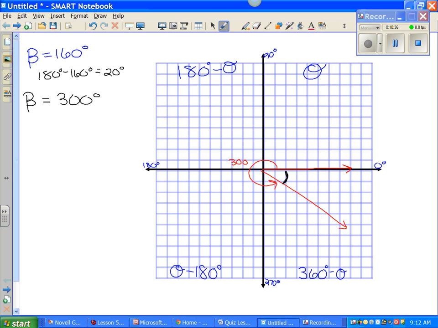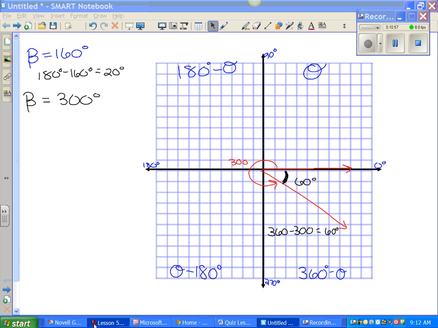So there's that little piece. Now, if I've gone 300 degrees, how many more would I have to go? 60. So that's like using your head, right? The rule for that, 360 minus 300 gives me 60 degrees. We okay? Awesome.